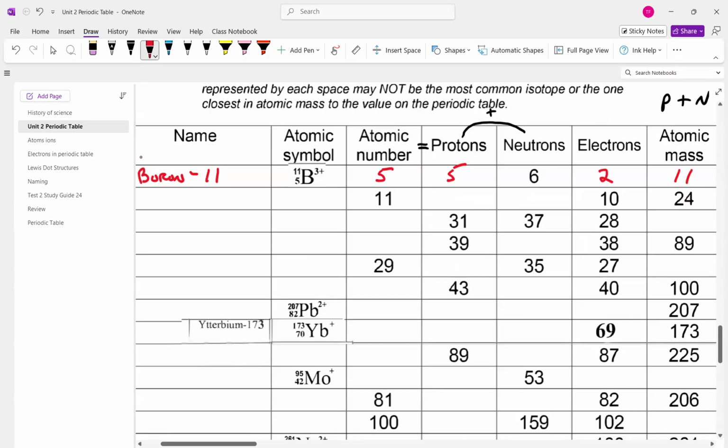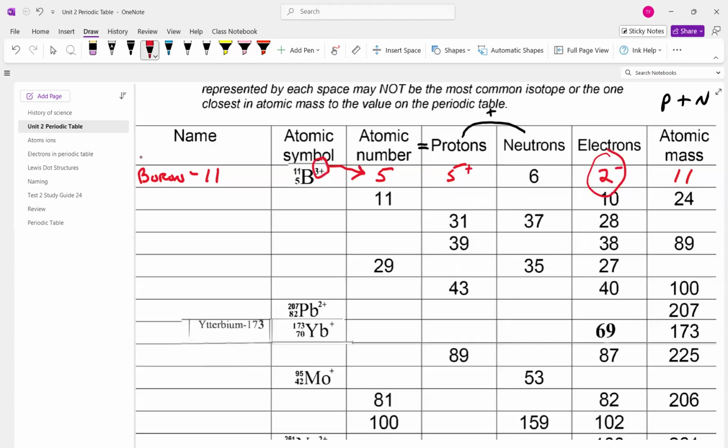So you look at this, and you look at the charge, and they have to be equal to that. And electrons are charged as negative. Protons are positive. So when we combine electrons and protons, they have to be equal to the charge.